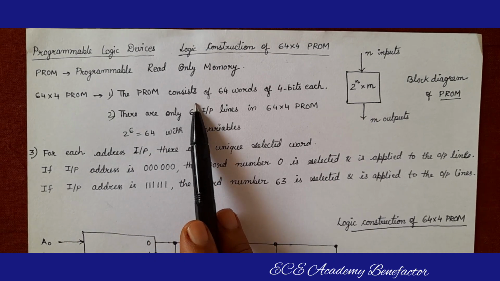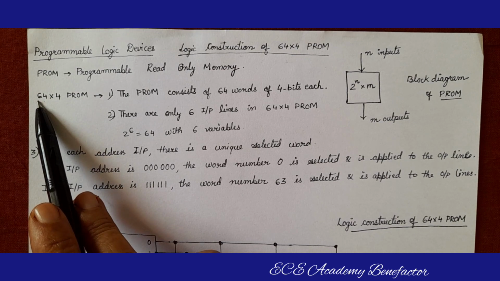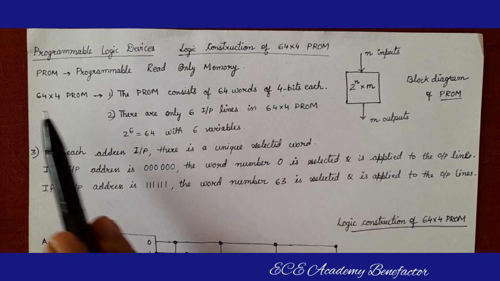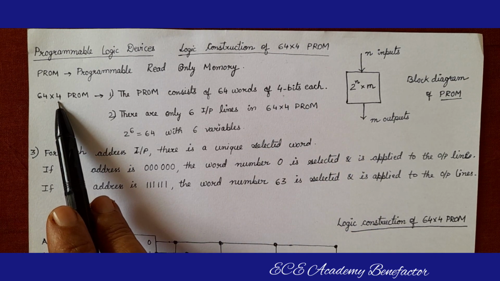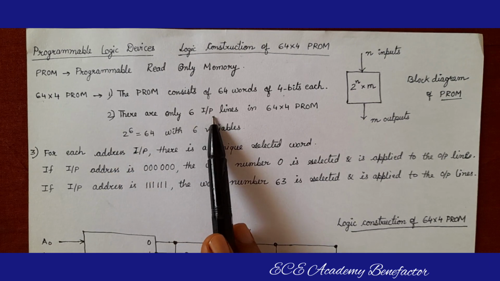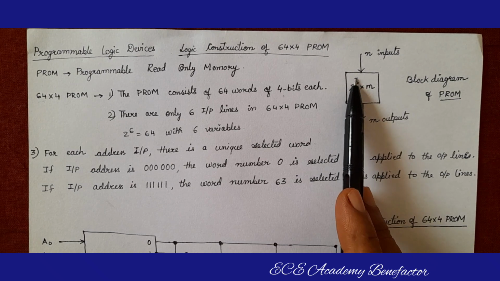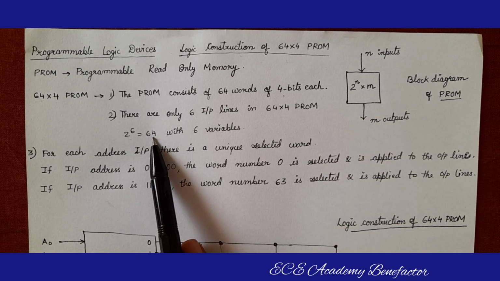The PROM consists of 64 words of 4 bits each. There are only 6 input lines, that is 2 to the power n. N means input lines. 2 to the power 6 is equal to 64.